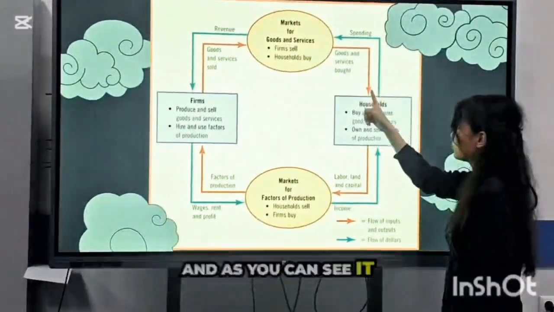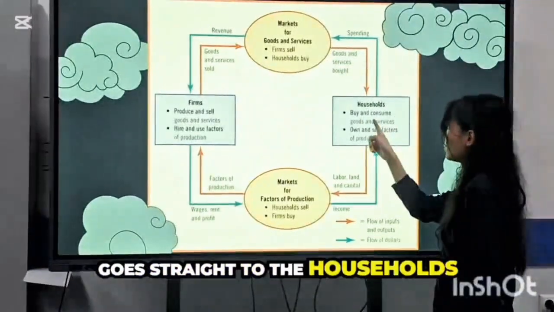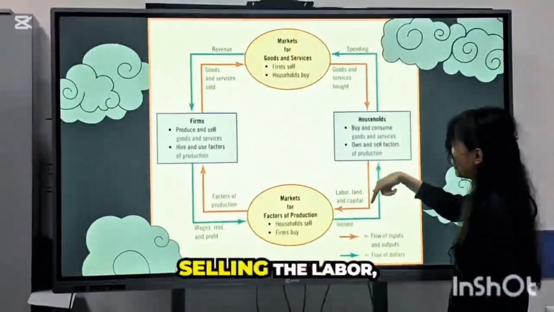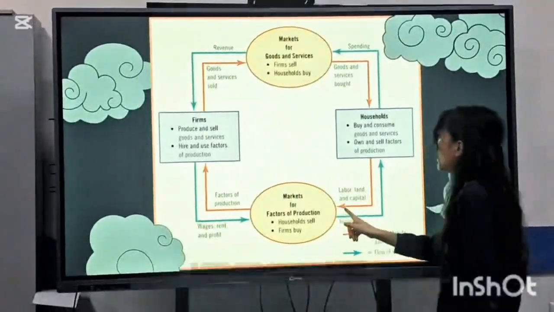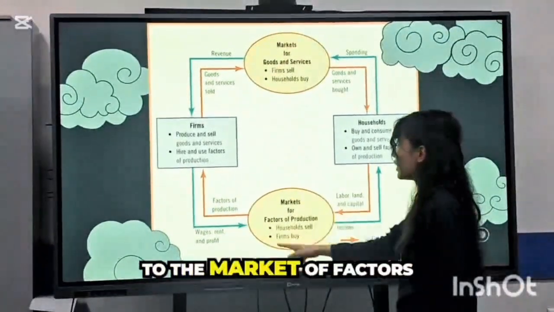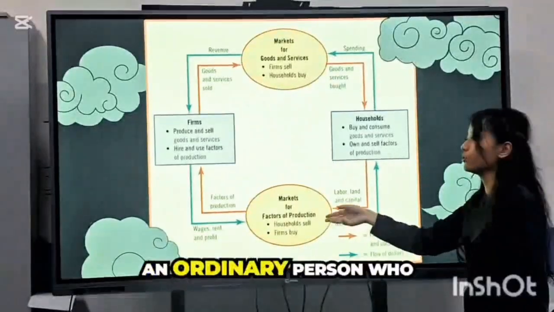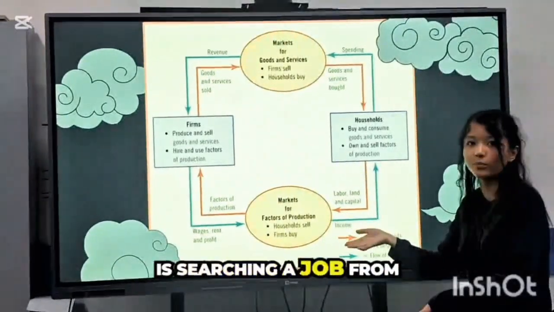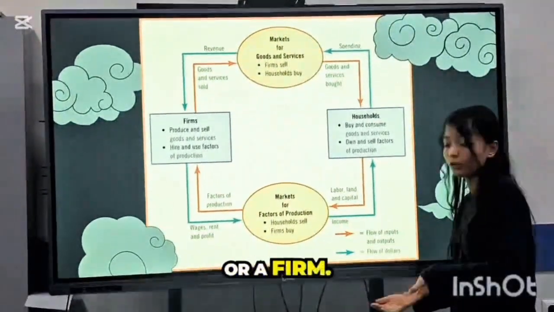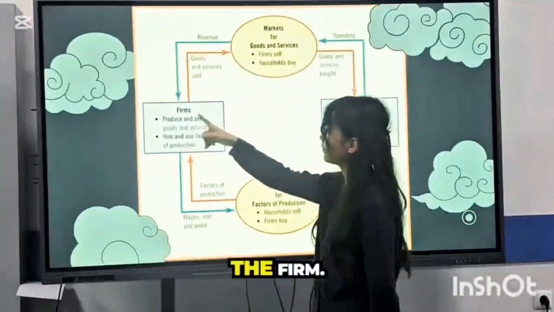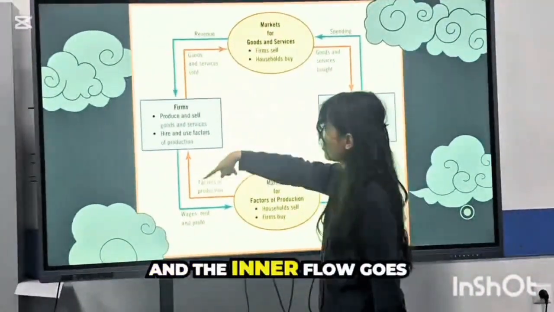And it goes straight to the households, to the consumers. The consumers sell the labor, land, and capital, the factors of production, to the markets for factors of production. It could be just an ordinary person searching for a job from some company or a firm. So these factors of production go directly to the firms.